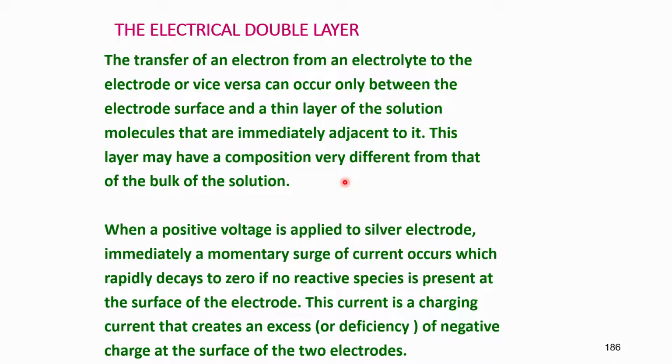Now, I am going to talk a little bit about the electrical double layer. What happens in an electrical double layer? The electrical double layer forms whenever there is a contact between a liquid and a solid.